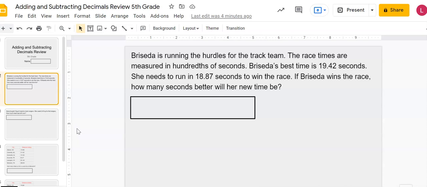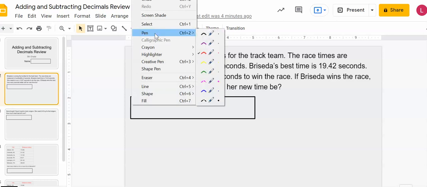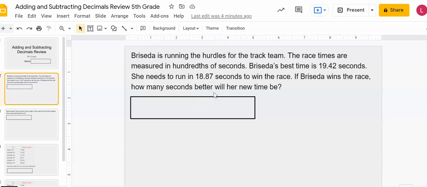Great. Glad you had some time to work on that. So let's think about what's happening in this problem. So we know that Briseida's best time is 19 and 42 hundredths seconds.